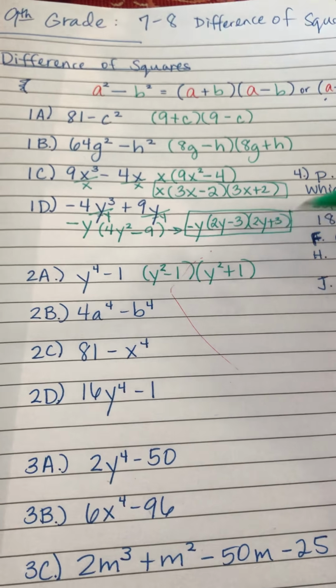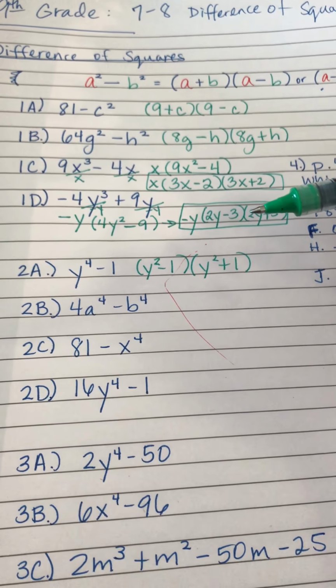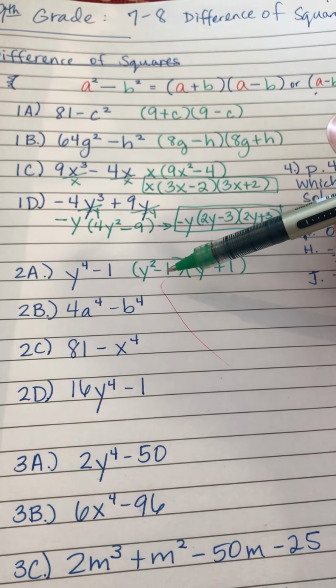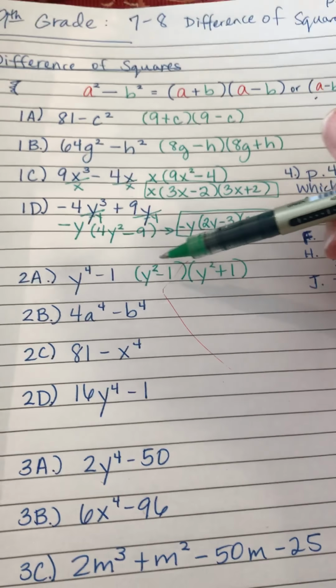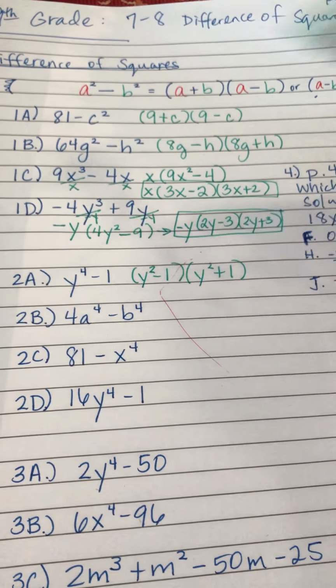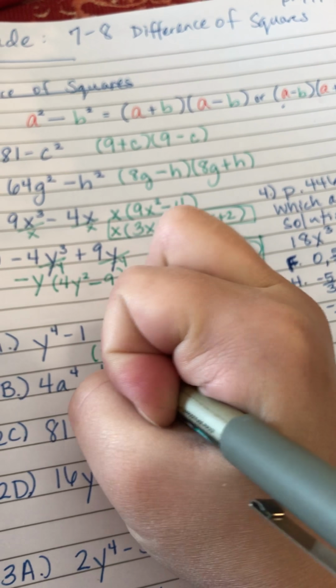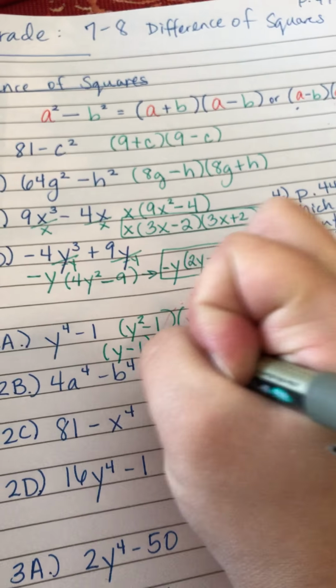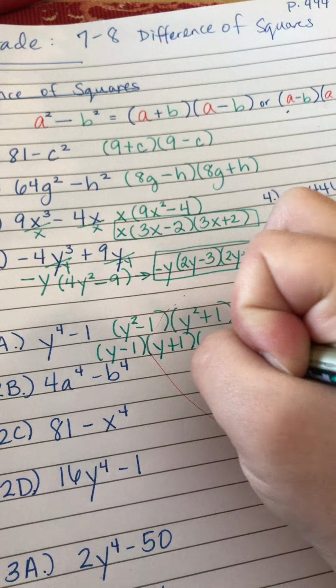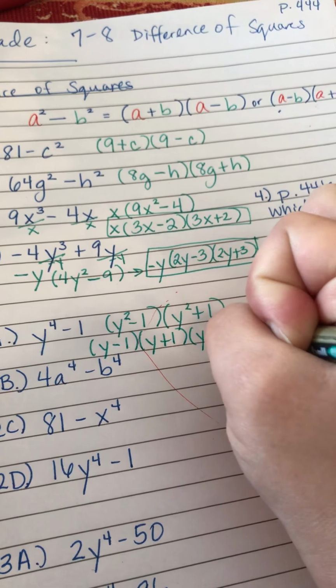So if y squared is a perfect square, which it is, and if 1 is a perfect square, which it is, then I can do this again for the y squared minus 1. So my final answer would be y minus 1, y plus 1 times y squared plus 1.